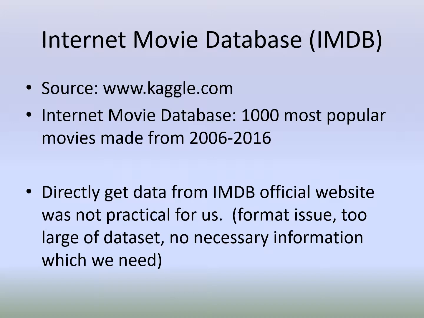So later we figured out we could download a database from Kaggle.com. The author also used data from IMDb, but the format is much better, and this database includes the 1,000 most popular movies made from 2006 to 2016.